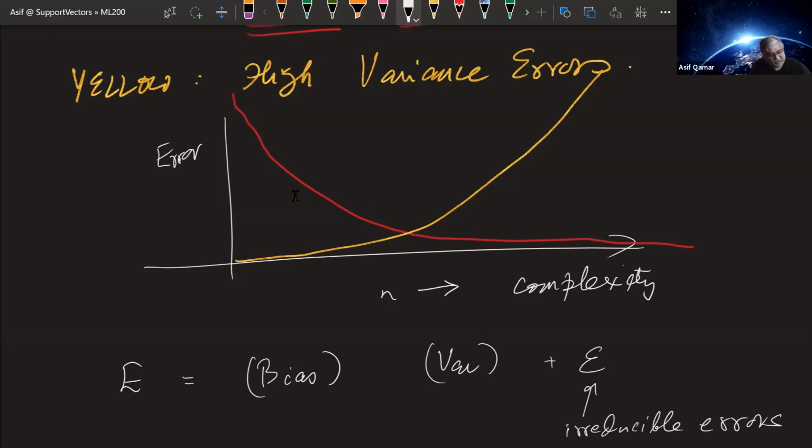Unavoidable errors that you can't get rid of, just noise in the data, or from variables that you haven't accounted for. So for example, if you're looking for sale of ice cream on a beach and the only predictor you're using is temperature, then irreducible error in your model is coming from the fact, for example, that you haven't accounted for weekdays versus weekends. More children are on the beach on weekends than on weekdays, right?